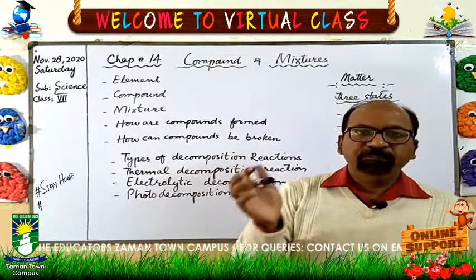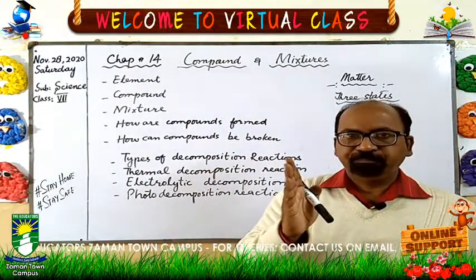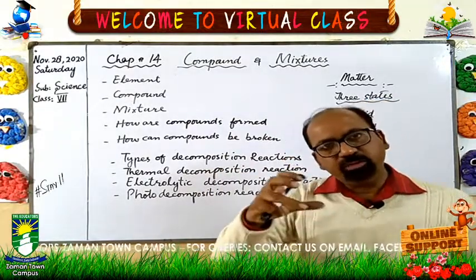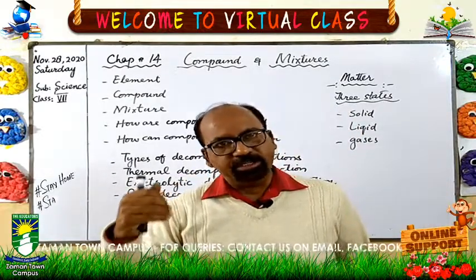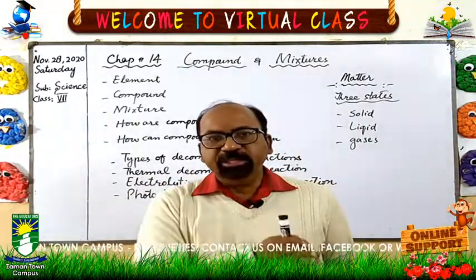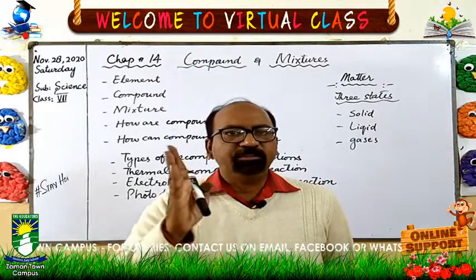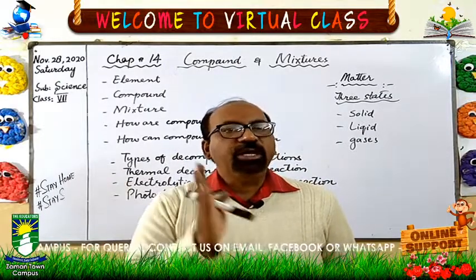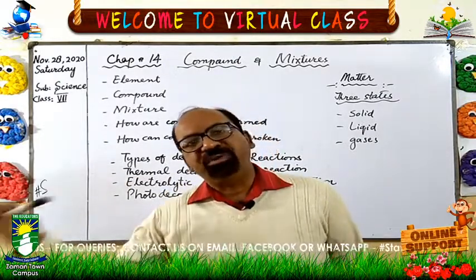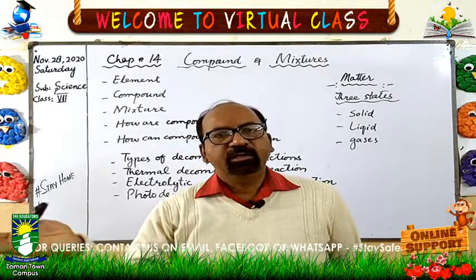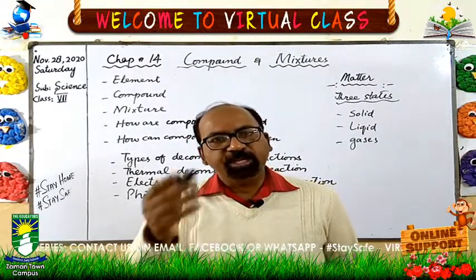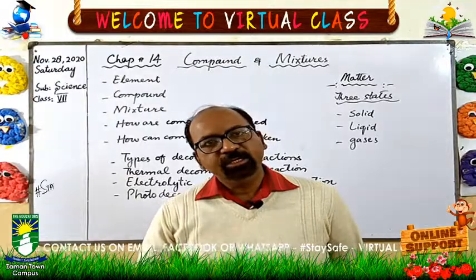For example, if two elements join together and a chemical reaction takes place, these elements individually have their own properties, but when they change into a compound, their properties will entirely change.